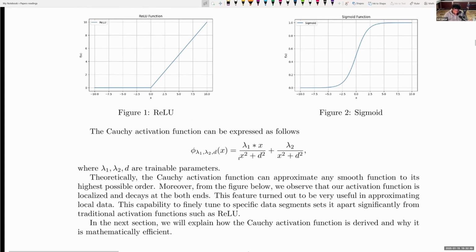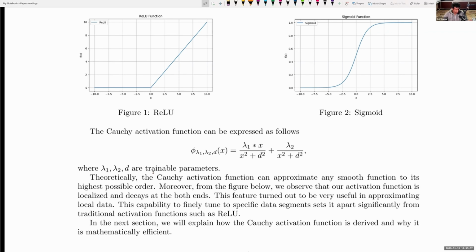It has three parameters: lambda1, lambda2, and d, and x is the input. So it says lambda1 times x by x squared plus d squared, plus lambda2 by x squared plus d squared. What is interesting here is this is a learnable activation function.